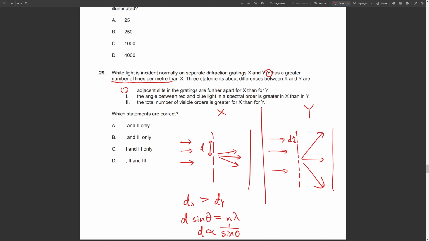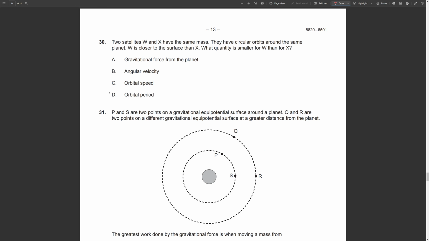As you can see on my drawing, it spreads less. Statement 3 suggests the total number of slits visible on the screen on X is greater. This is true because it spreads less, everything is very focused in the center. Then you should be able to observe more pattern on the screen than Y. The answer is B.